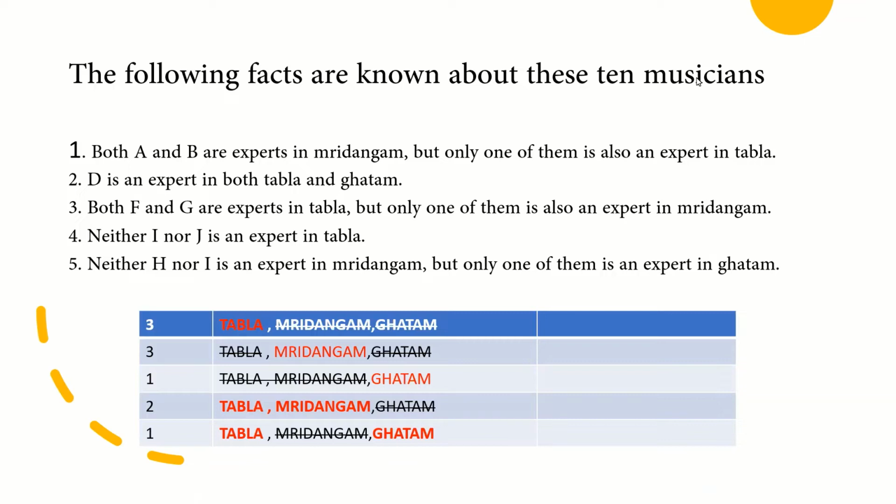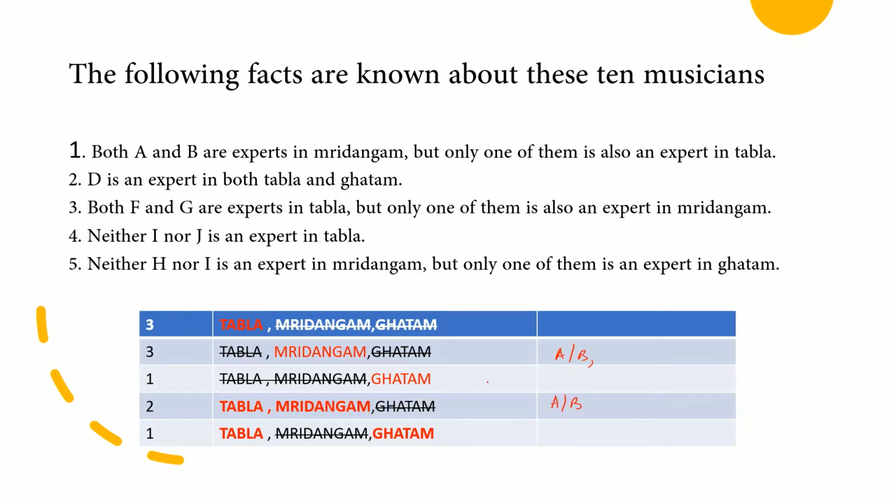I don't know which of A or B would be an expert in mridangam only and which one would be an expert in both mridangam and tabla. So the way to write it is I'll place A and B over here. It can be either A or B, and one of them is an expert in tabla as well. So this can also be either A or B.